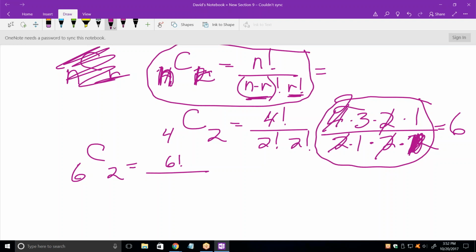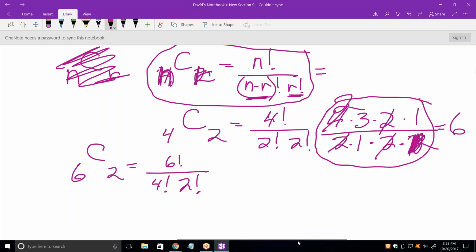So the n part is, hold on, the n is 6. Correct. So I put the 6 factorial, and then n minus r would be 4 factorial underneath. Correct. And 2 factorial. Correct. Okay, that's what I was trying to figure out. Let me back up a second here. We'll just cover these basics.